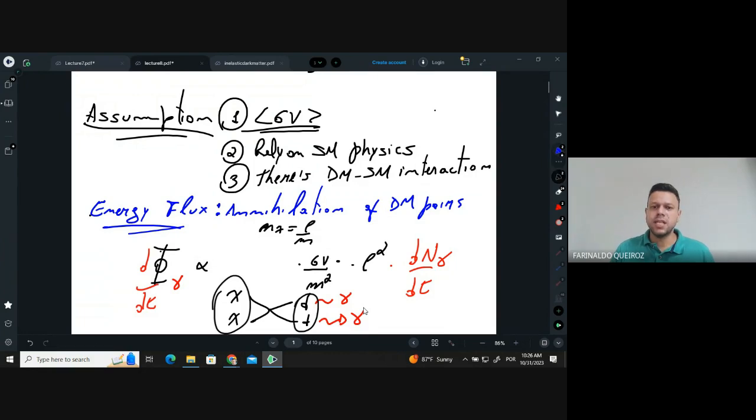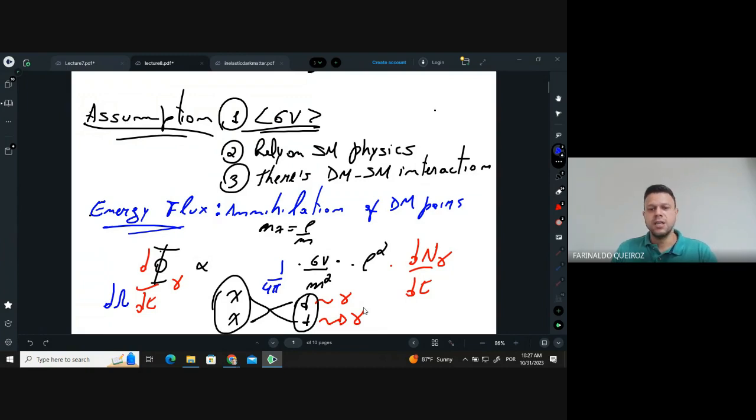So this means that you have a d gamma here, or you put a d solid angle there, and then you put the solid angle here as normalization, which is 4 pi. So that's the formula for the energy flux.